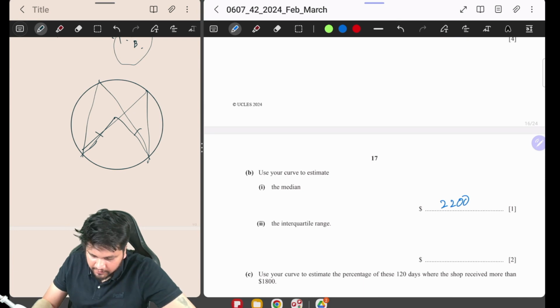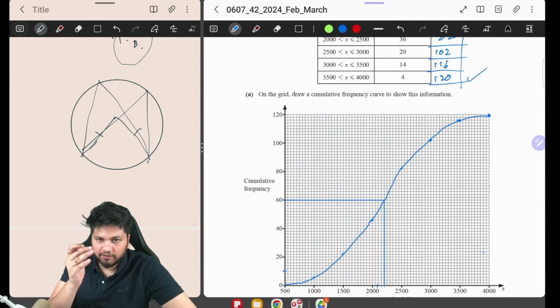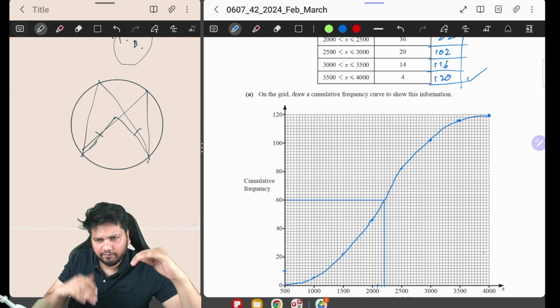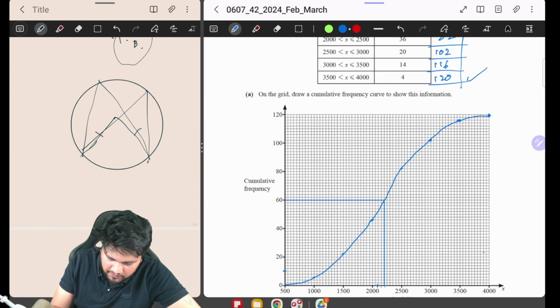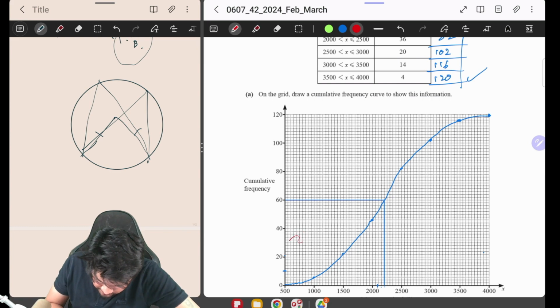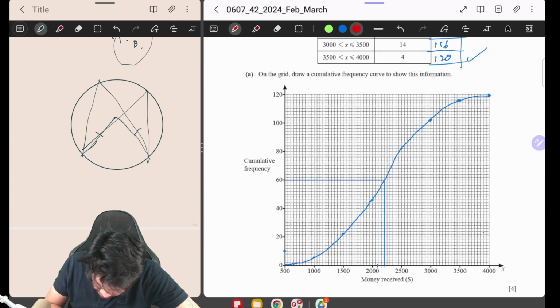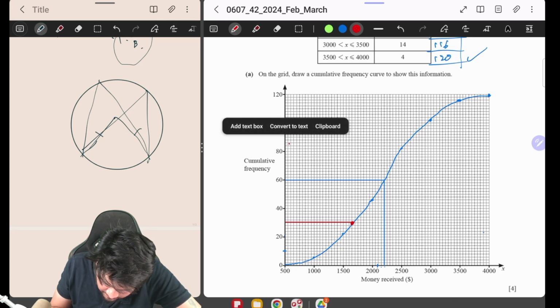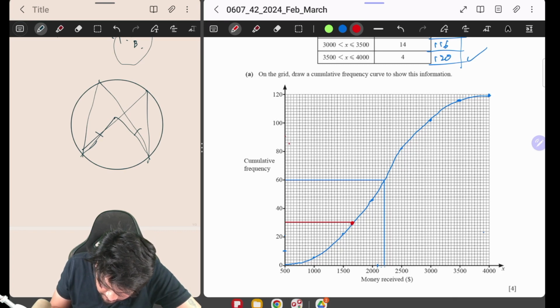Now the interquartile range. Of course, again we divide that 120 data into 25% each, so the median of the median is going to be 30. Around 30 students, the cumulative frequency of that 30 will be somewhere here. This is the point we get, and for 90 we get this one.